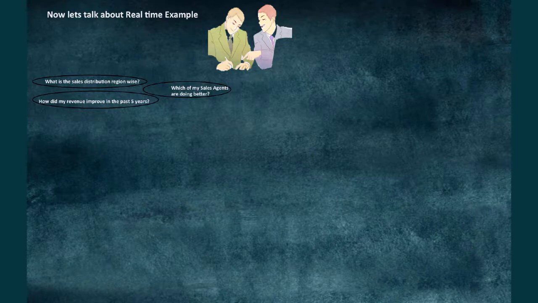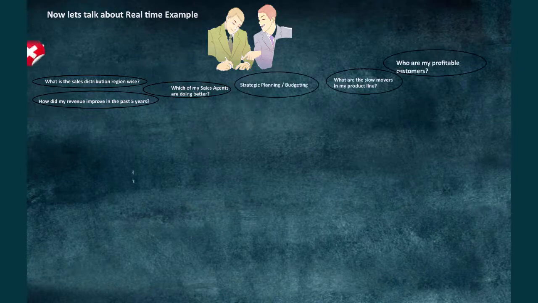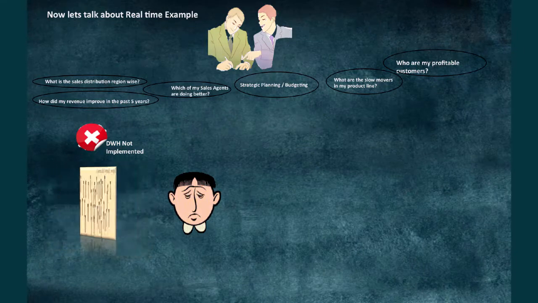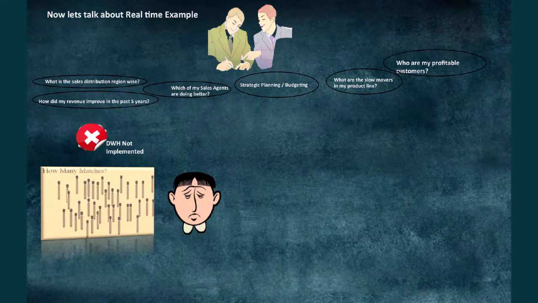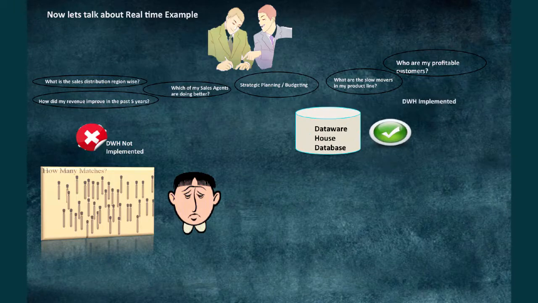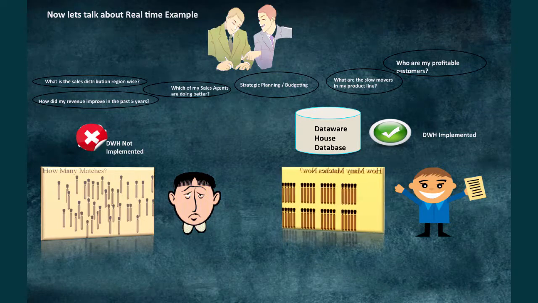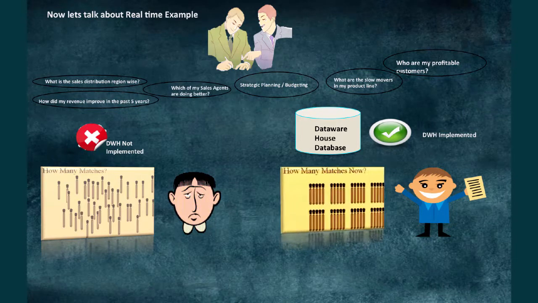Etc., etc., etc. Without Data Warehouse implemented to answer these questions, it's like counting the matches when they're scattered all across, and it's very difficult to answer within a given time frame. On the other hand, when you have Data Warehouse implemented to answer this question, it's like counting the matches when they're all arranged in some order and pattern. Hence, Data Warehouse simplifies the life by arranging the data in some useful and informative patterns.